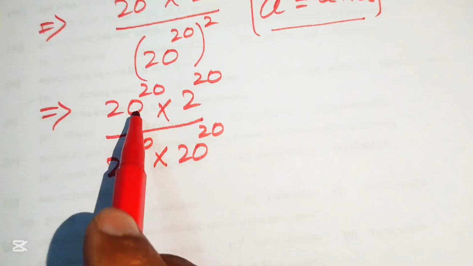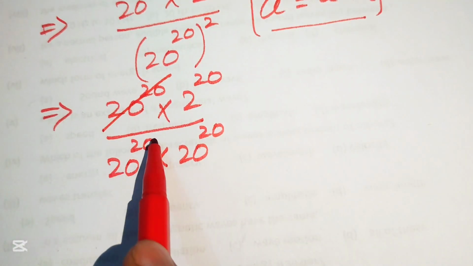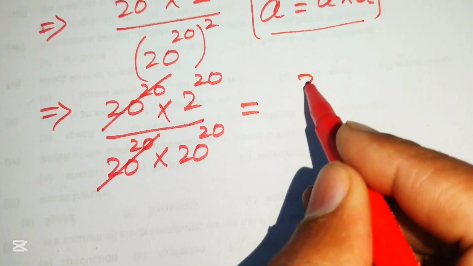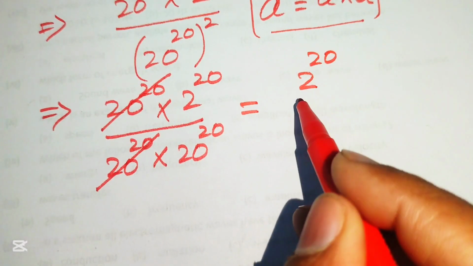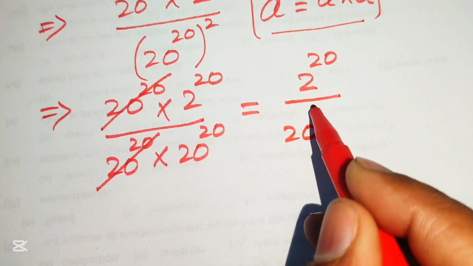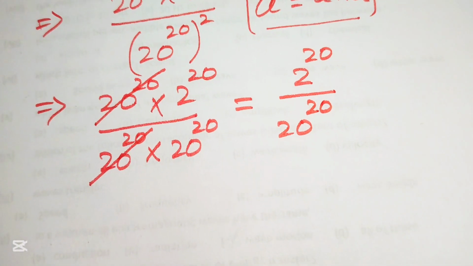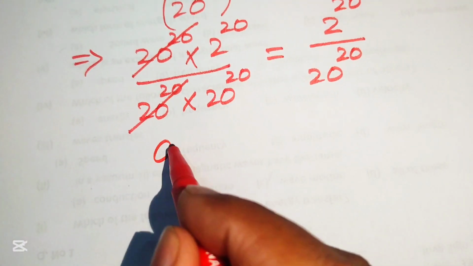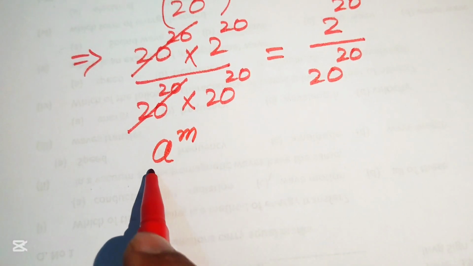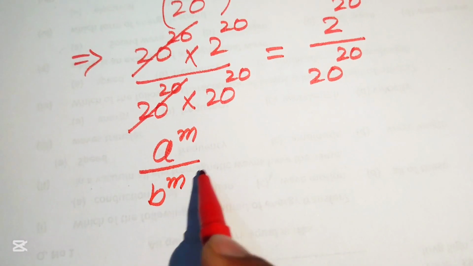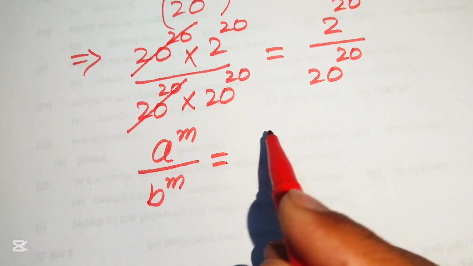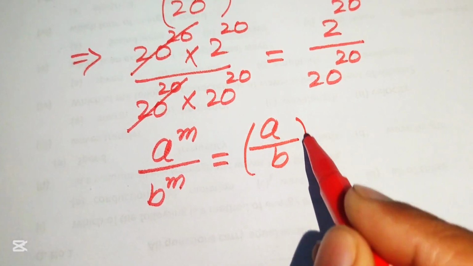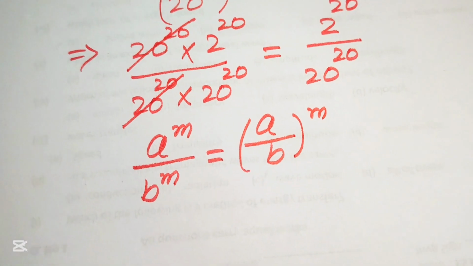Now you see that this 20 to the power of 20 is cancelled out by this 20 to the power of 20, and the remaining terms are 2 to the power of 20 divided by 20 to the power of 20. Here we apply another exponent law. If you have a to the power of m divided by b to the power of m, we write it as a over b and its whole exponent is m.